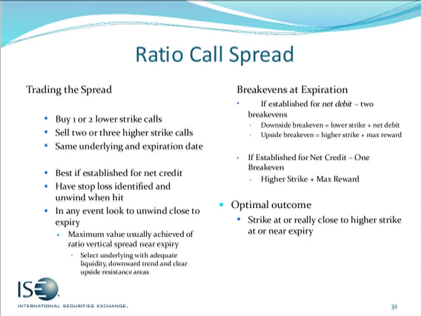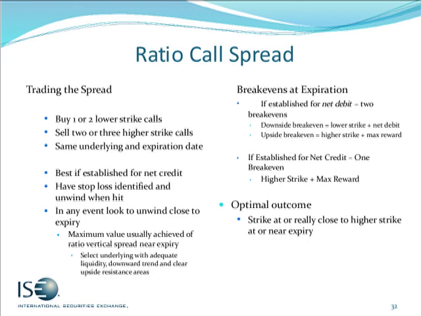So we buy 1 to 2 lower strike calls, we sell 2 or 3 higher strike calls, underlying and expiration remain the same. If we establish it for a net credit, we're better off because we want it to be an income trade. Stop loss, we want to unwind close to expiration. The maximum value is usually near the vertical, another name, by the way, the ratio vertical spread, near expiration.